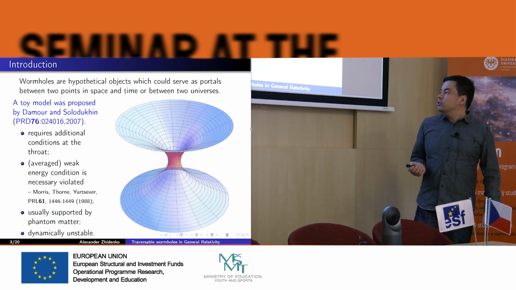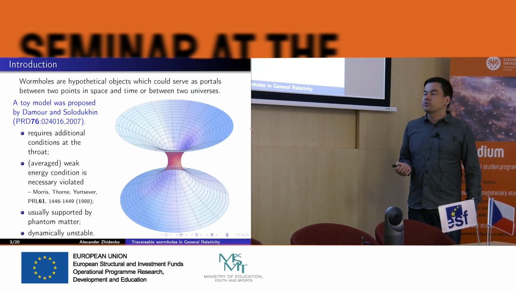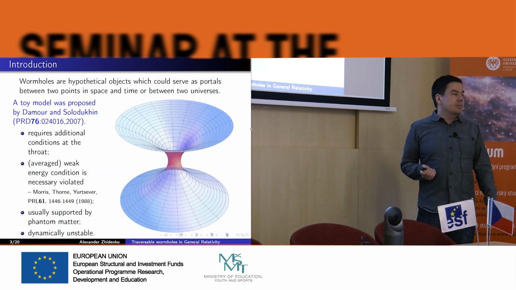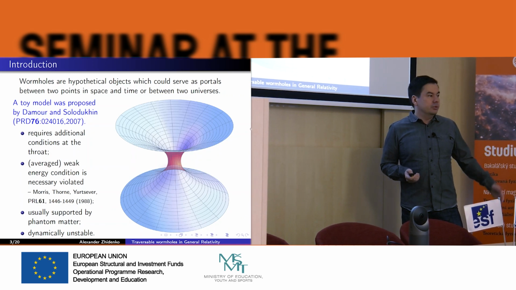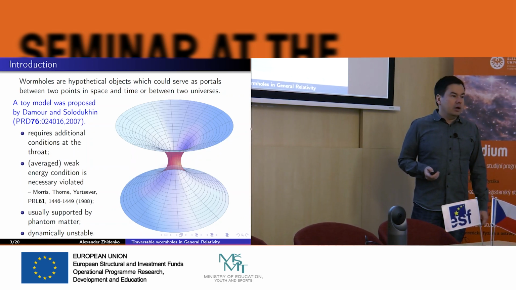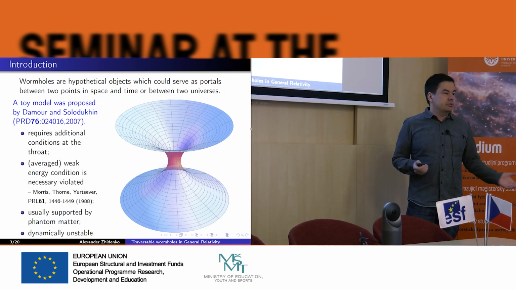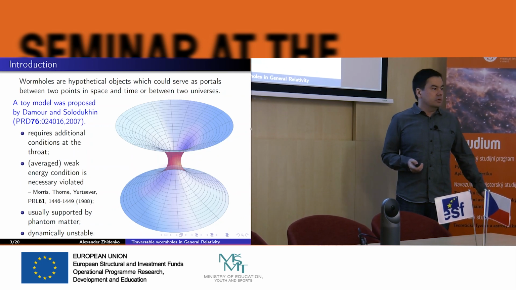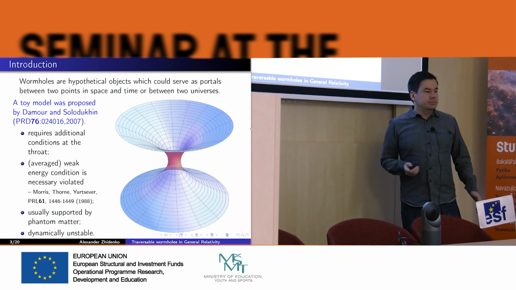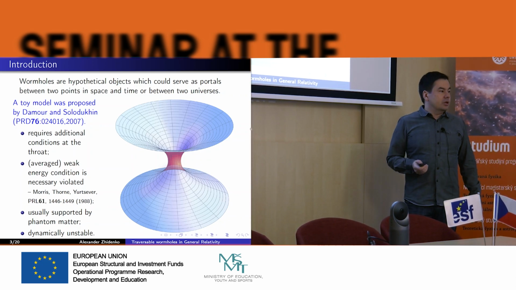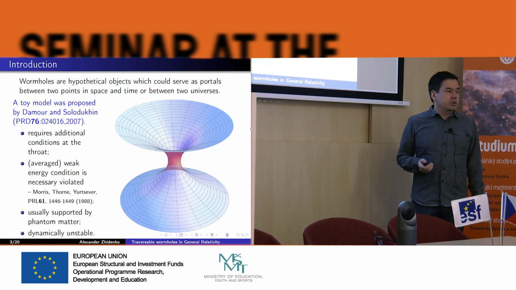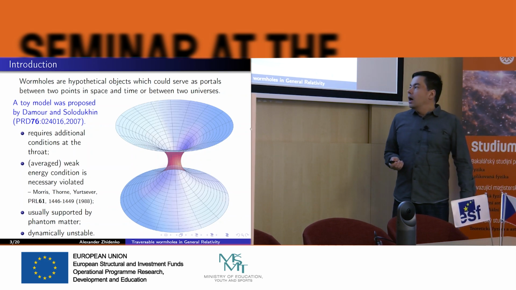And another problem which we have in this case is that usually these configurations are dynamically unstable. If we perturb a little bit such a wormhole, it turns out that it does not come back to the initial state. It will be simply destroyed.